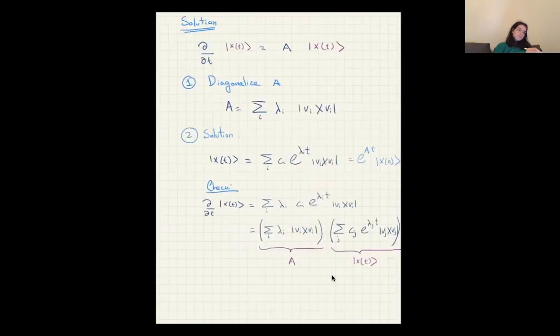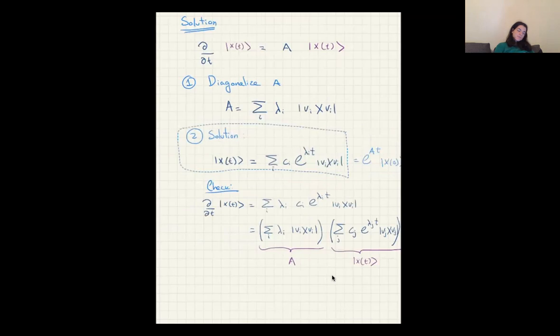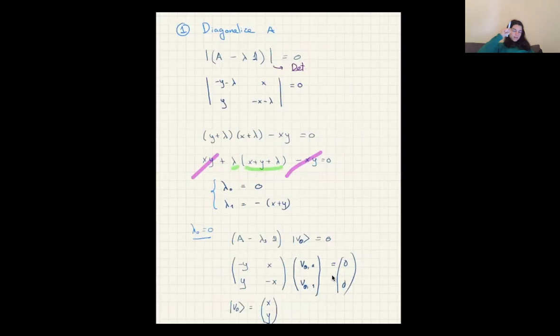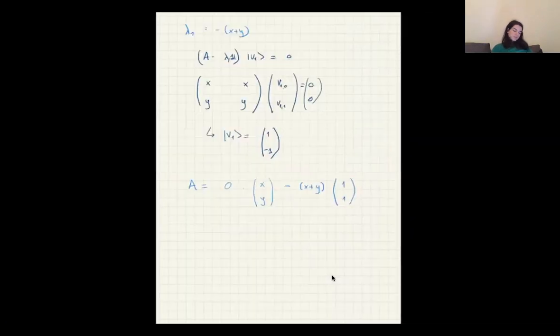Now we'll get our solution, right? And again, this is just moving the cogwheel, so please feel free to skip if you don't want to go through it. Let me just remind you of what this x of t was. This was rho_00 of time and rho_11 at a given time.